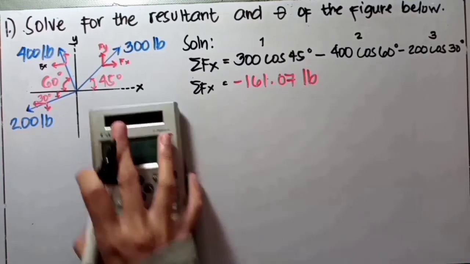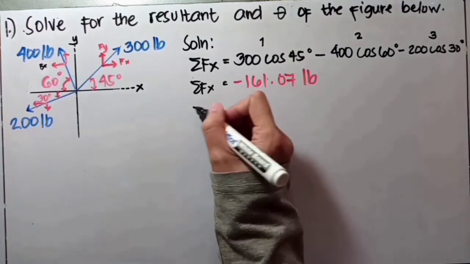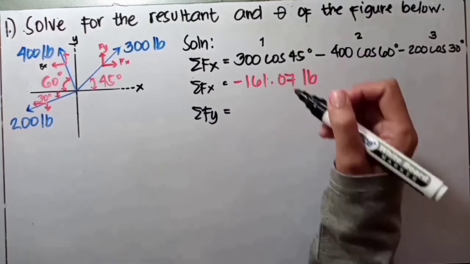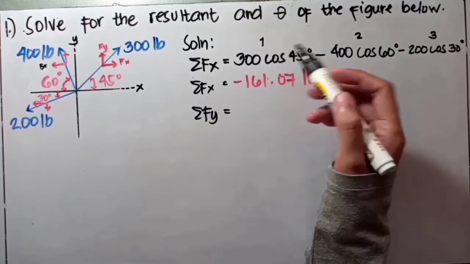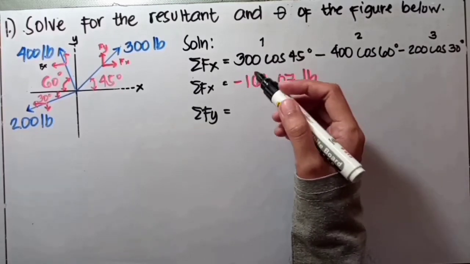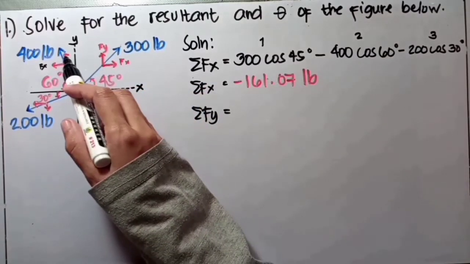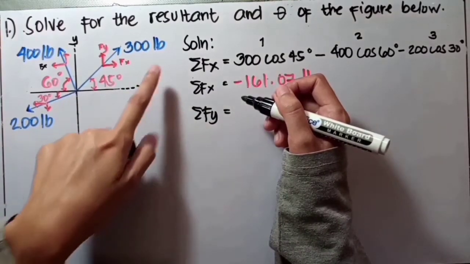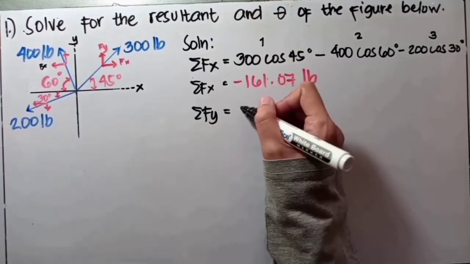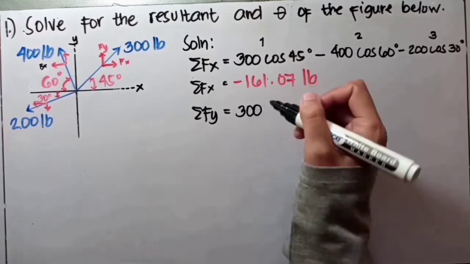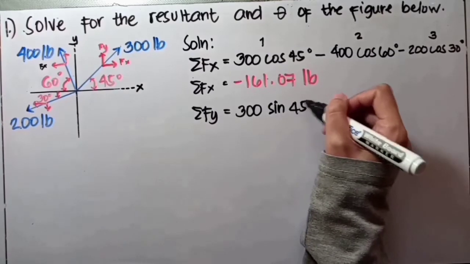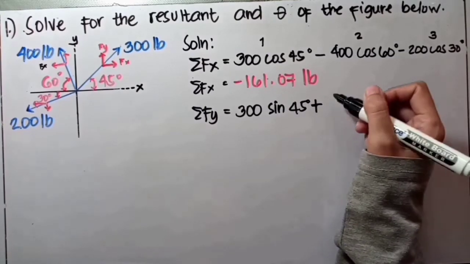So next, let's solve for the summation of forces Y. The process is the same as the summation of forces X. We just consider all the forces Y, including the one pointing downward. Let's start again with 300 pounds. 300 sin 45 degrees plus.